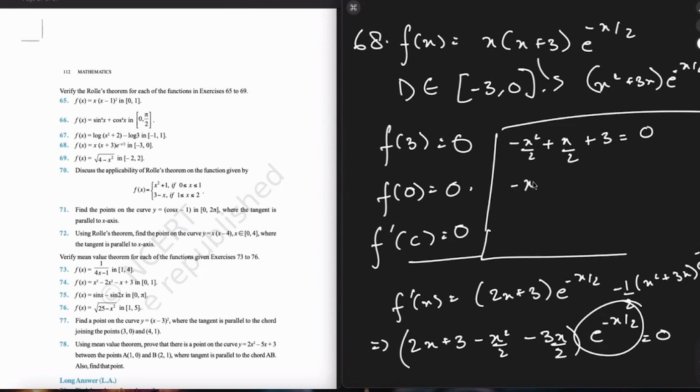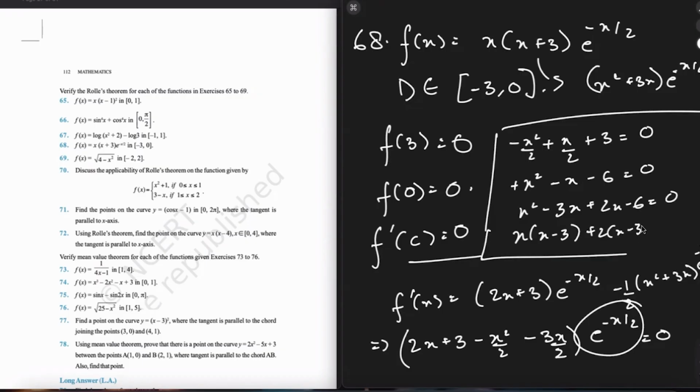So plus x square minus x minus 6, so x square minus 3x plus 2x minus 6 is equal to 0. x(x minus 3) plus 2(x minus 3) equal to 0. So x can be equal to 3 or x can be equal to minus 2. These two are your answers for c.